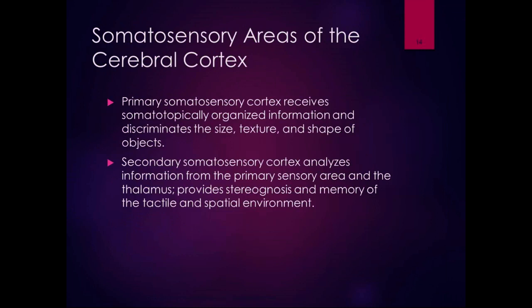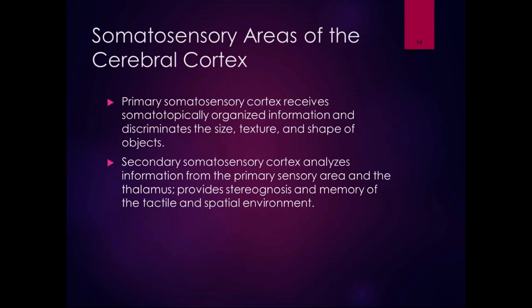The somatosensory areas of the cerebral cortex are arranged somatotopically, meaning it maps one-to-one on a location in the body. The primary somatosensory cortex receives information that discriminates the size, texture, and shape of objects, and it gets information from certain areas of the body.